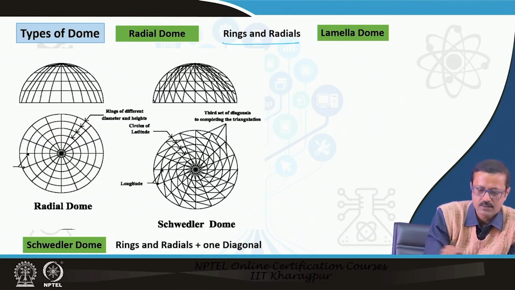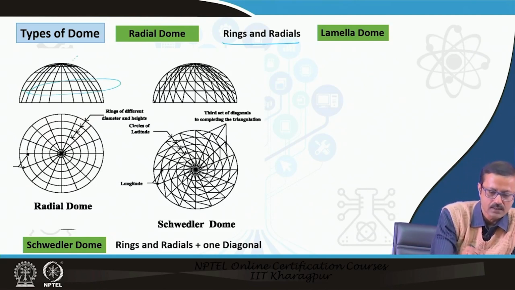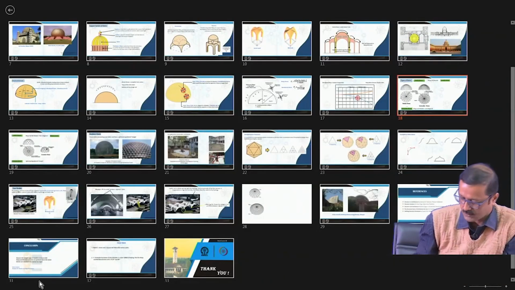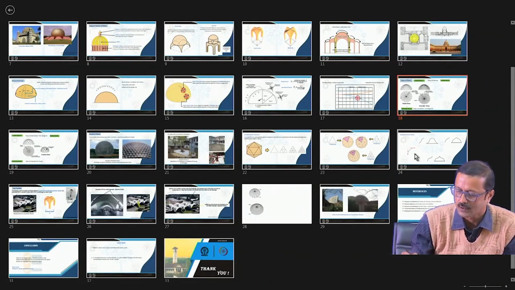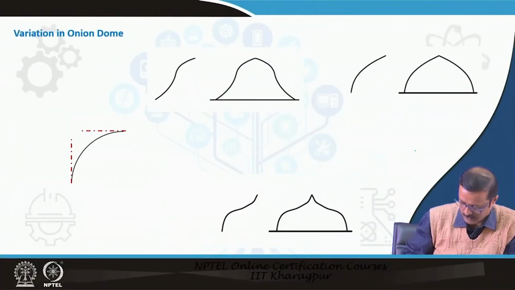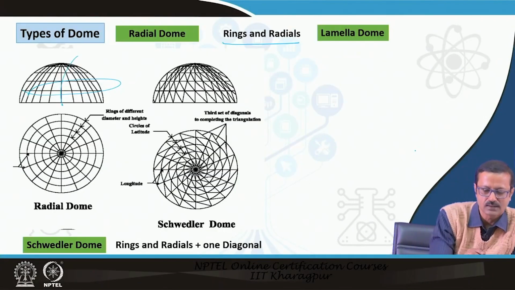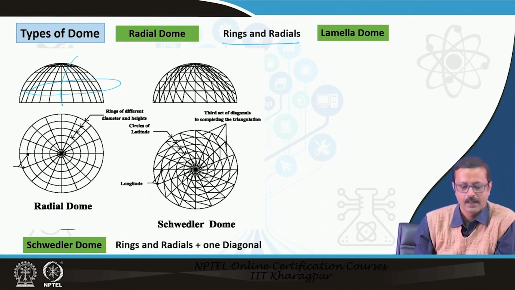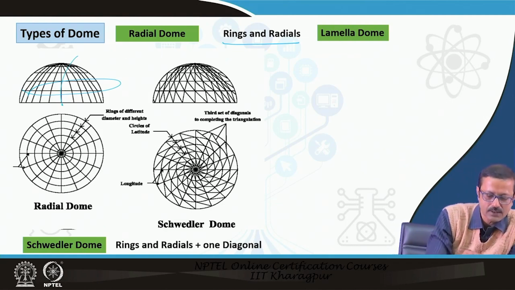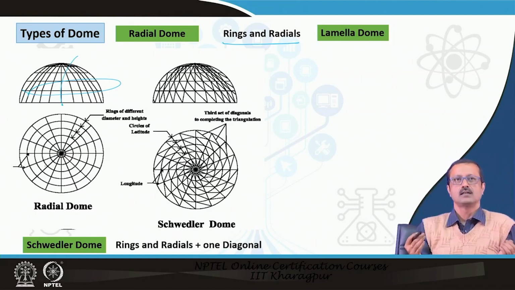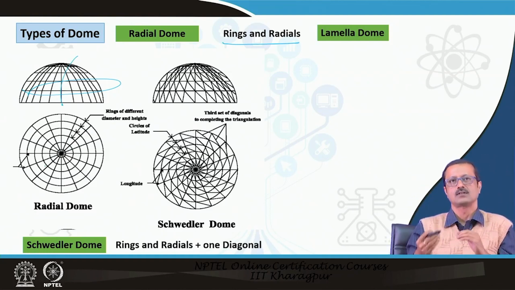So there are rings and there are radials. These are the two typical members, and the rings and radials are placed at different heights and different diameters, and the radials are of the same length or so.